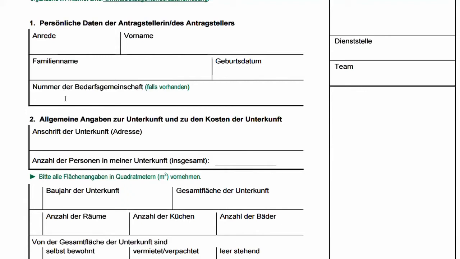Anyways, if you've already got this number from Job Center, then you should write it here. Of course, if you do not have it, then you leave this part open.